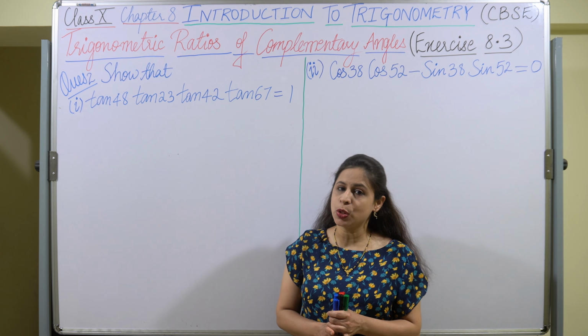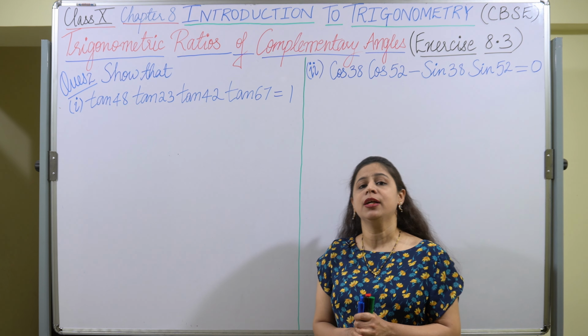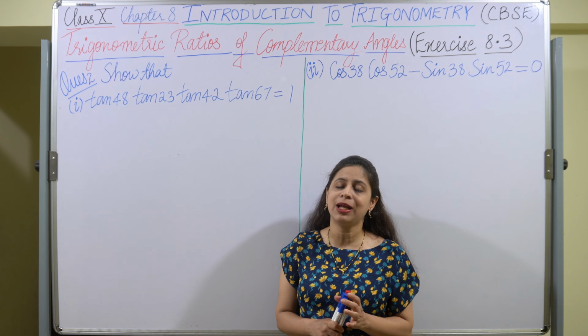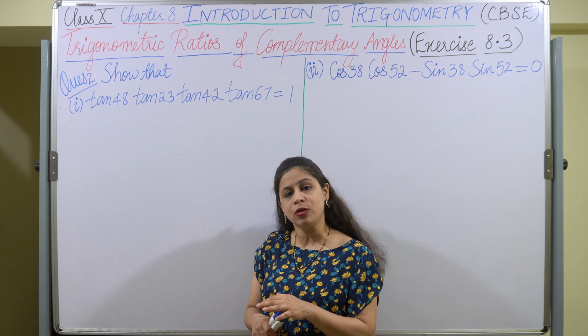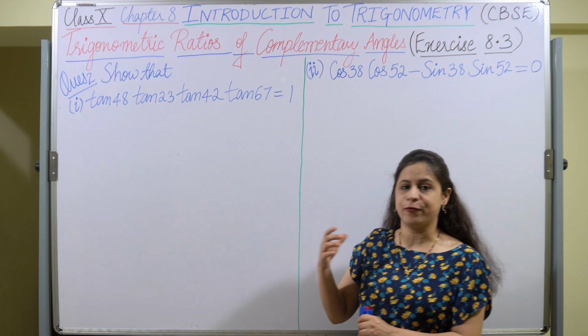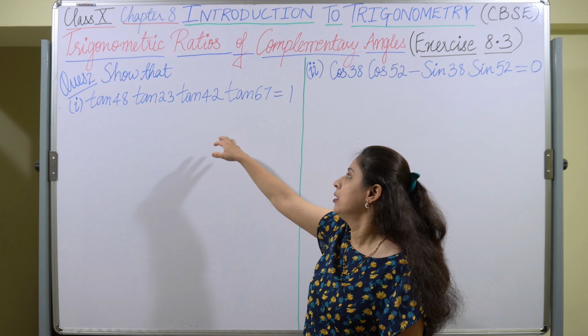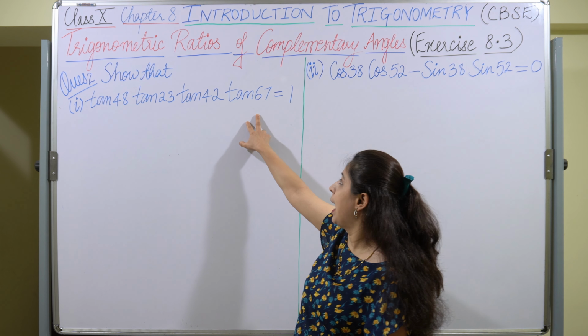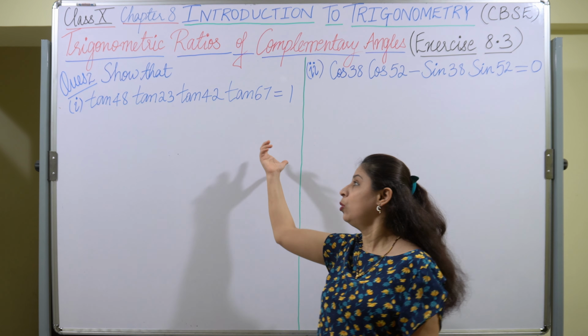So let us start with question number 2 of exercise 8.3 of chapter 8, Introduction to Trigonometry of class 10 CBSE NCERT. In question number 2, we have to prove that tan 48 tan 23 tan 42 tan 67 is equal to 1.